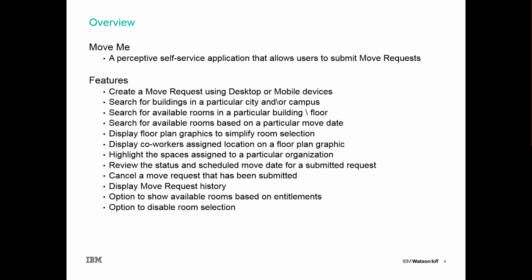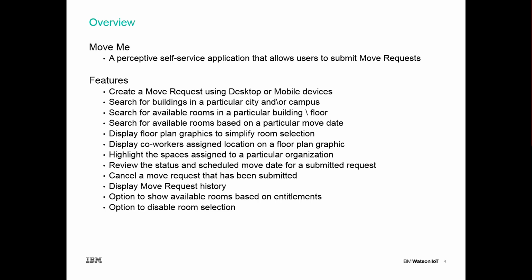So if they want to move close to that person, they can. They can also specify a particular organization. So if they want to find the spaces that are allocated to a particular organization and want to sit in that area, they can have those highlighted on the floor plan graphic.